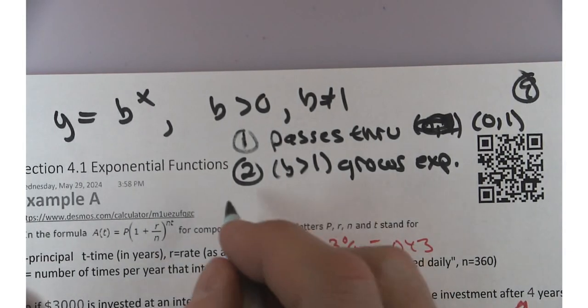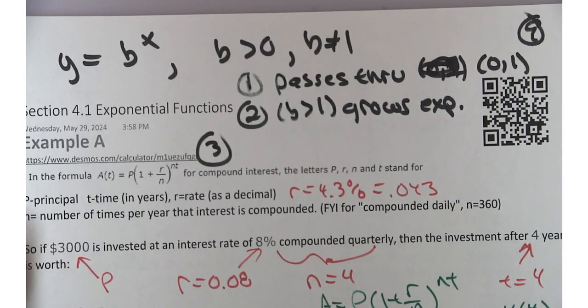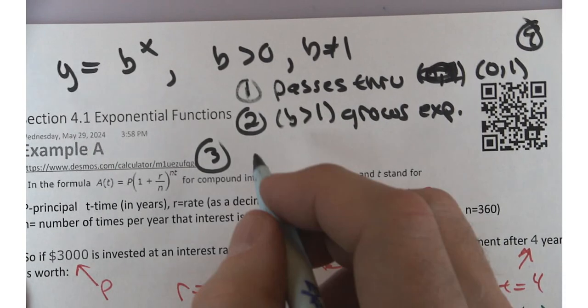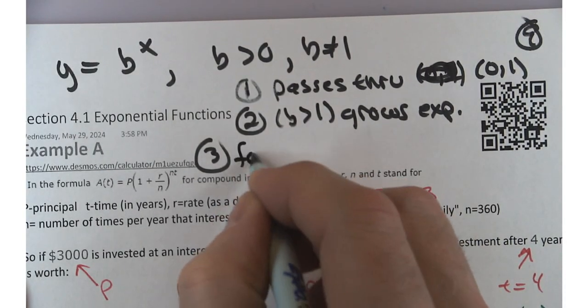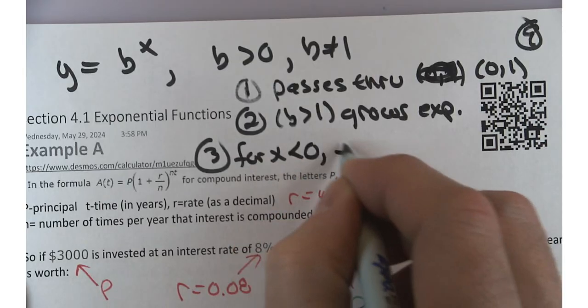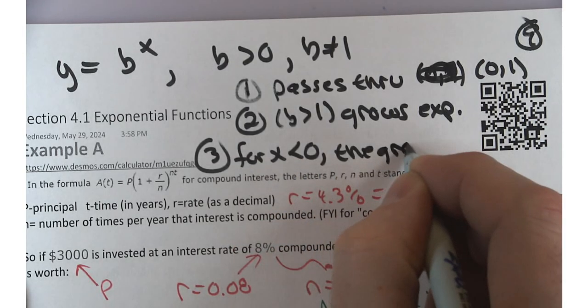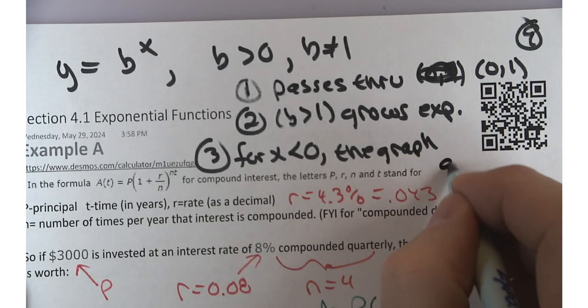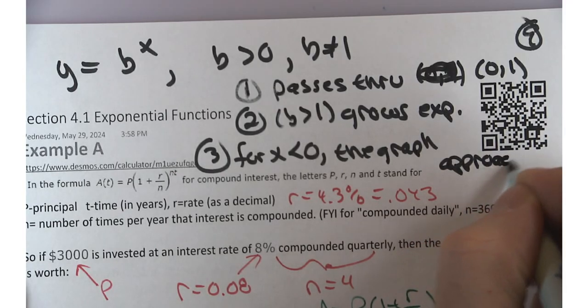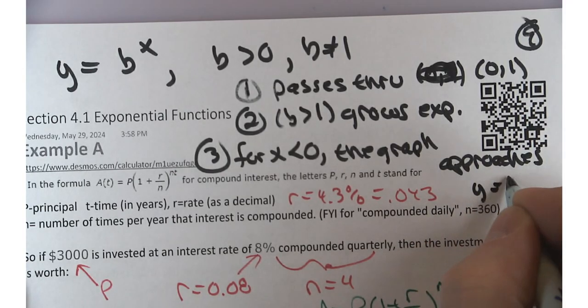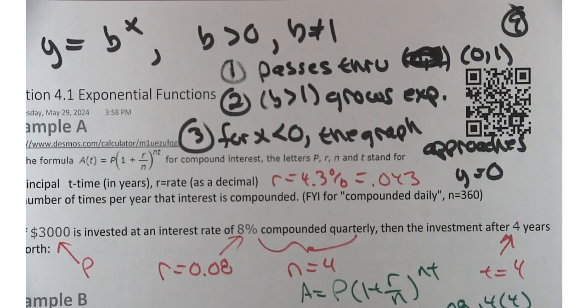And the last thing, for x less than 0, the graph approaches y equals 0. It's a horizontal asymptote. It gets close to but never quite touches that line.